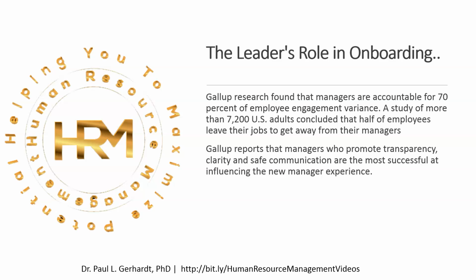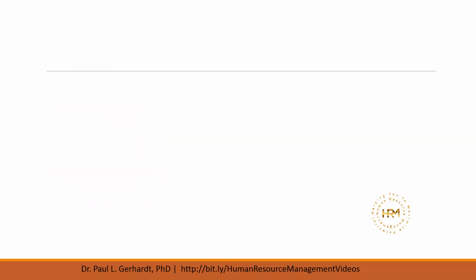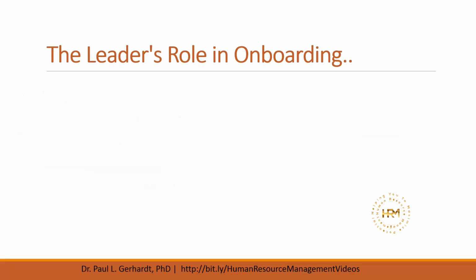So if anything you do as a leader can influence the success of an employee, it really is those three competencies. Influential leaders plan time to meet with their new employees, get to know them, and ultimately promote an environment of safety, trust, and open communication.